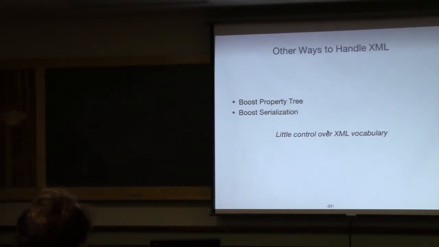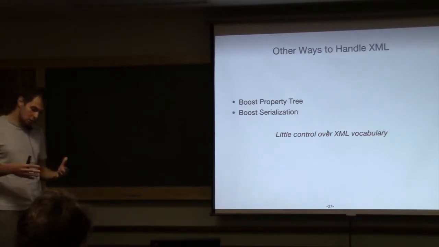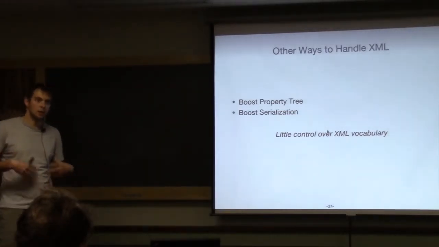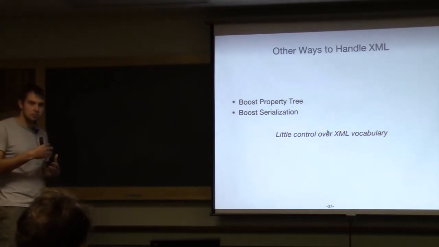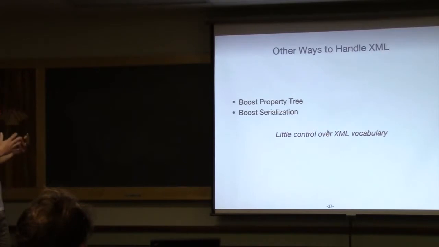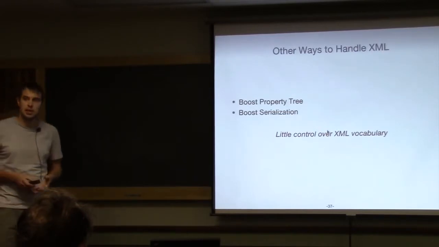Boost Property Tree gives you a bit more control, Boost Serialization a bit less. And remember, we are using XML as a data interchange format, which means we probably want to document it and formally define it so that third parties can actually interoperate with us. So control over the XML vocabulary is normally something that you would want.